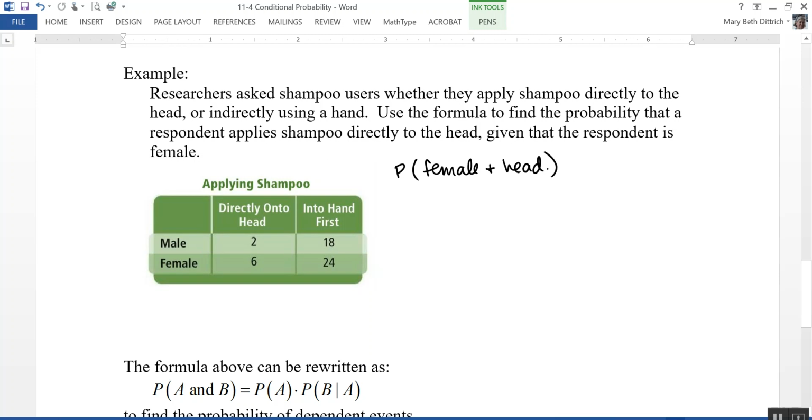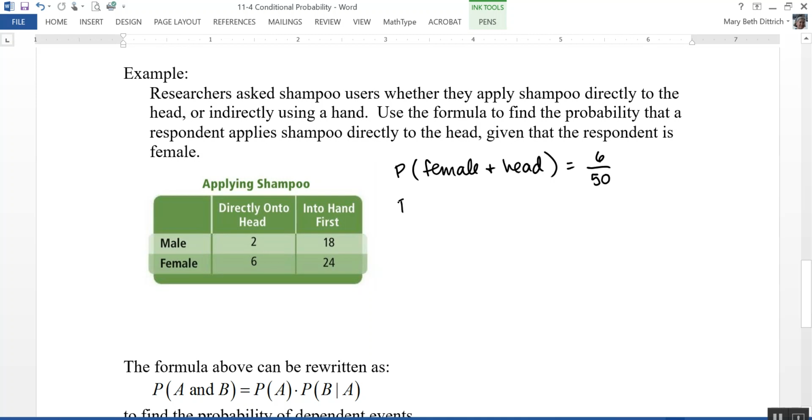So there are a total of 50 respondents. If we total up all of these numbers, male and female, directly to the head and into the hand, that's a total of 50. And out of those, 6 females apply it directly to their head. So that's 6 out of 50. And that's going to be my P of A and B.